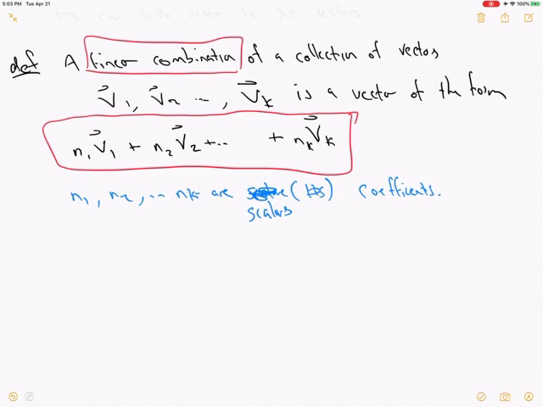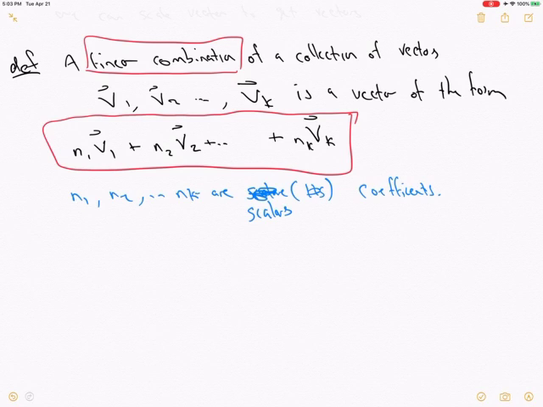I can set all the others to 0 by scaling them to 0. That's all a combination is. It's a vector that's formed from other vectors. So give me a set of vectors, I can build new vectors. The vectors you build are called linear combinations.